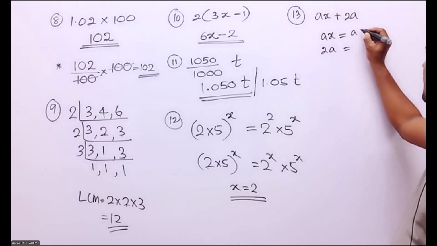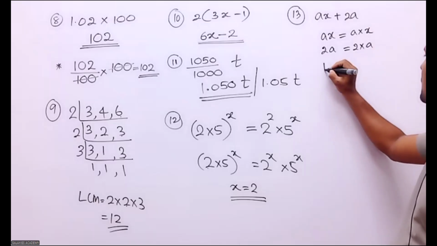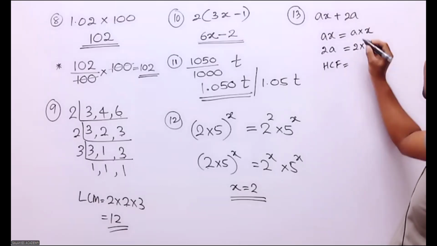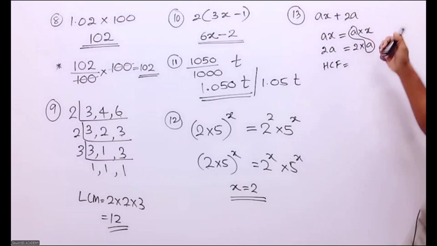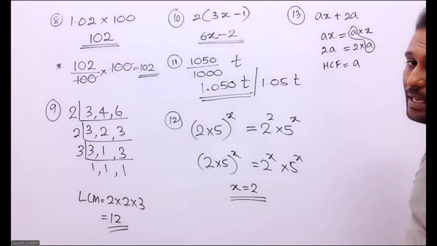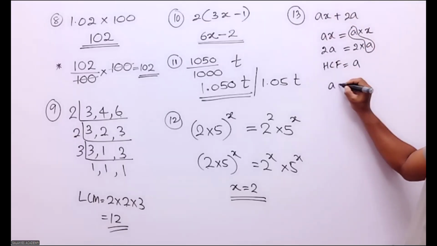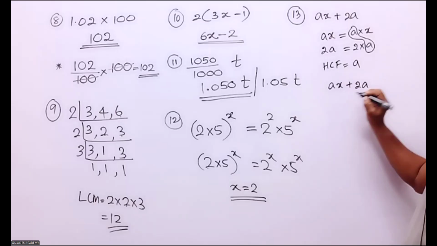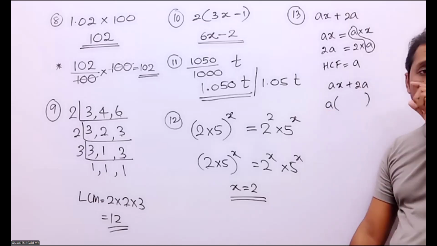Ax I can write a multiply x, 2a 2 multiply a. So the HCF is a. a is common for these two products. So HCF a. Then ax plus 2a, I can write a outside the bracket because it is common.